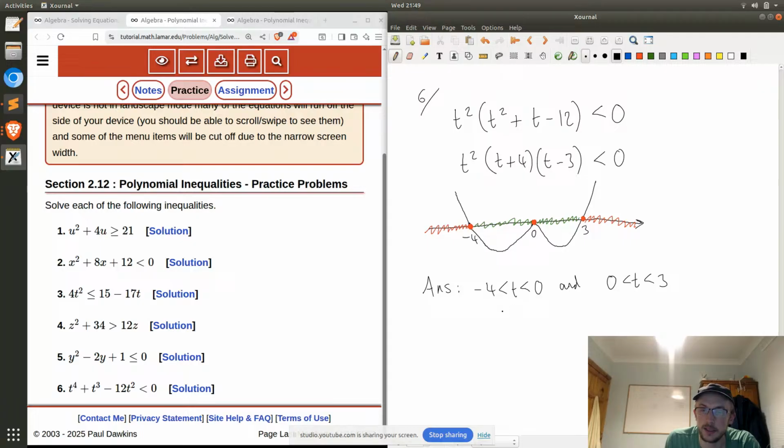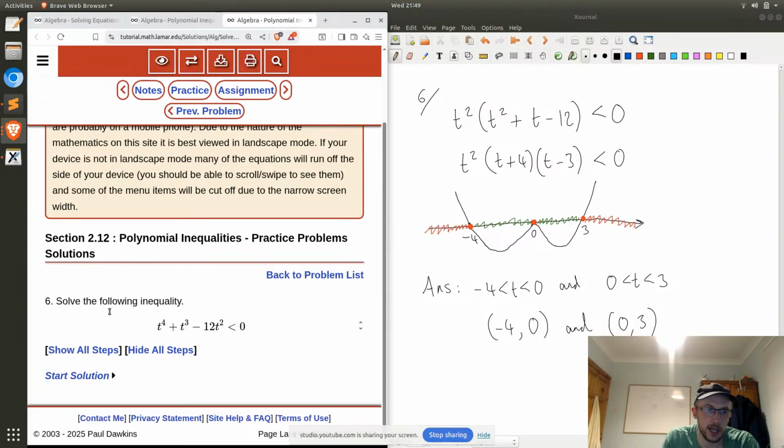And now they want interval notation as well. So -4 on the left, comma, 0 on the right, and round brackets on both sides, because I do not include -4 and I do not include 0. Same story over here. And now we check.